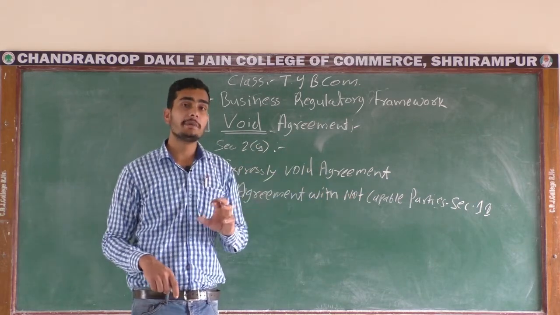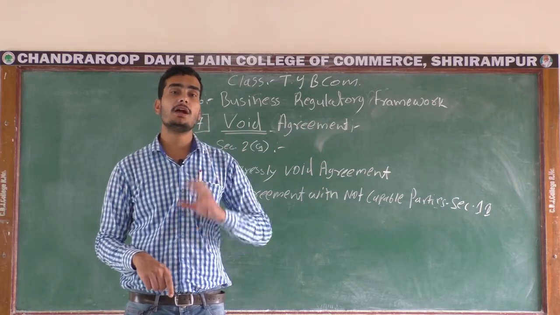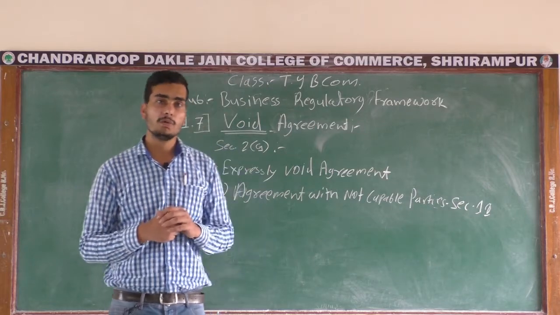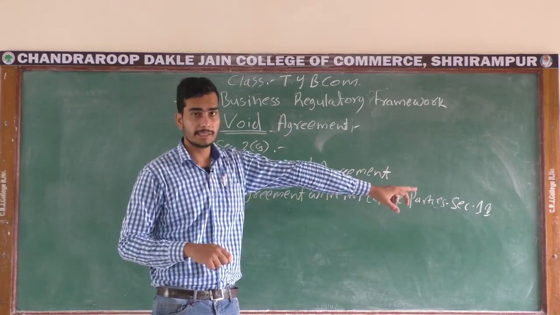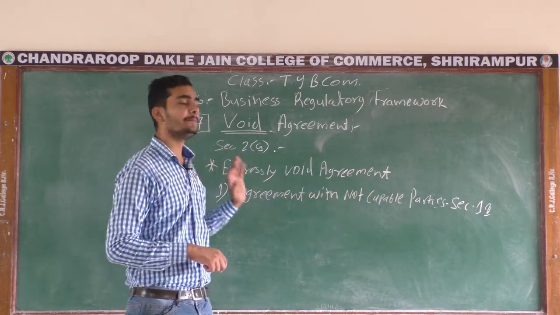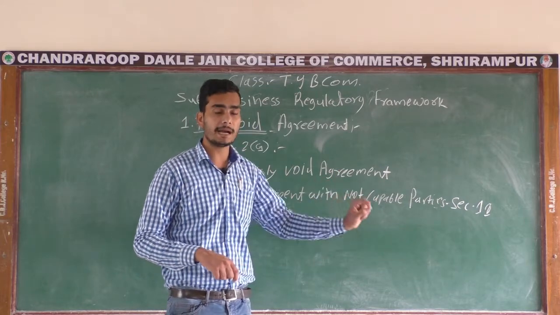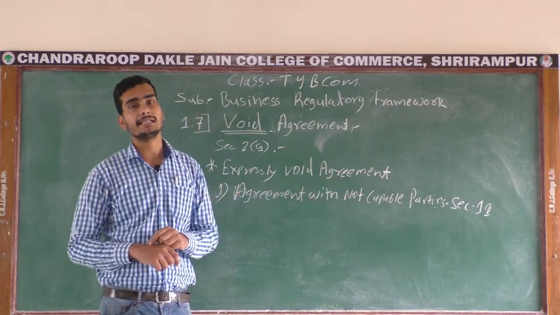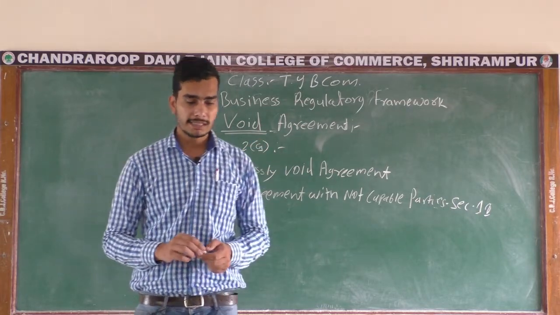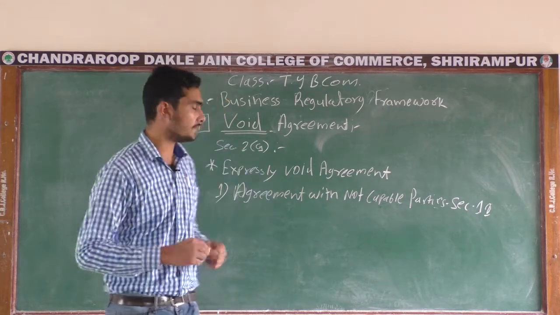Or if you are making an agreement with an enemy country citizen, then your agreement is going to be void under Section 11 of the Indian Contract Act 1872. So whenever any agreement is made with incapable parties, that contract is declared an expressly void agreement. Okay, now the second thing is agreement in a case of mistake of law or fact.